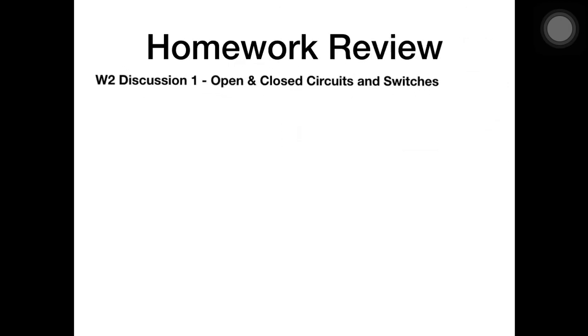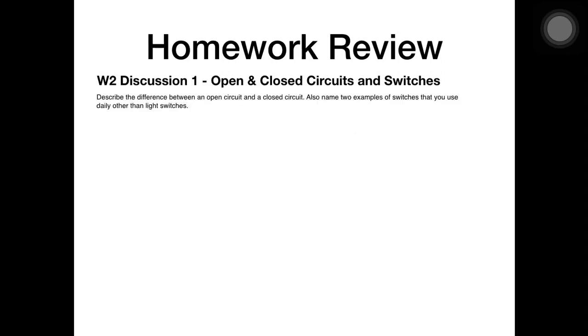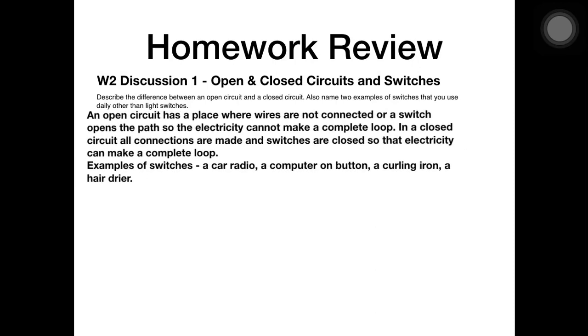Let's now take a look at the discussion questions. This past week, your first discussion question was open and closed circuits and switches. The question read, describe the difference between an open circuit and a closed circuit. Also name two examples of switches that you use daily other than light switches.